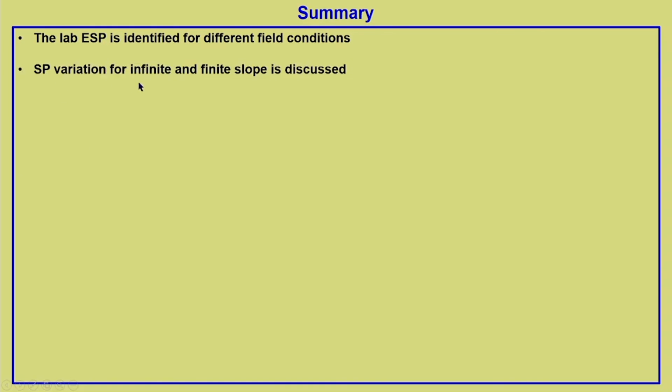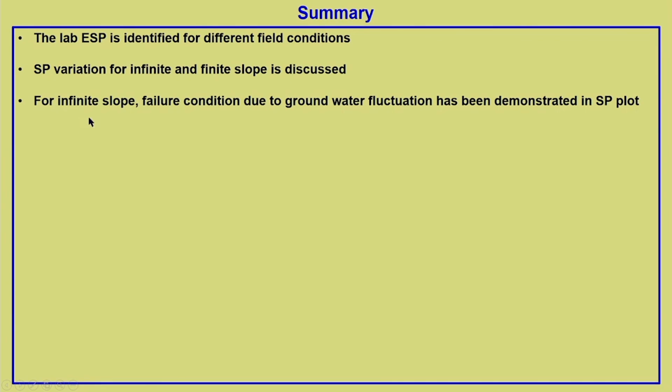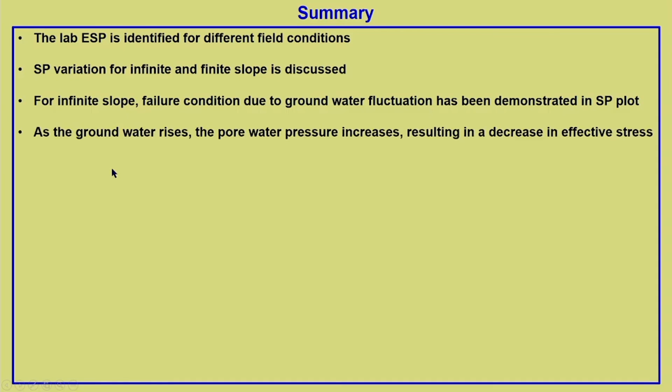Okay. So, let us summarize today's lecture. The lab ESP is identified for different field conditions. In the very first slide, stress path variation for infinite and finite slope is discussed. For infinite slope, failure condition due to groundwater fluctuation has been demonstrated in the stress path plot.